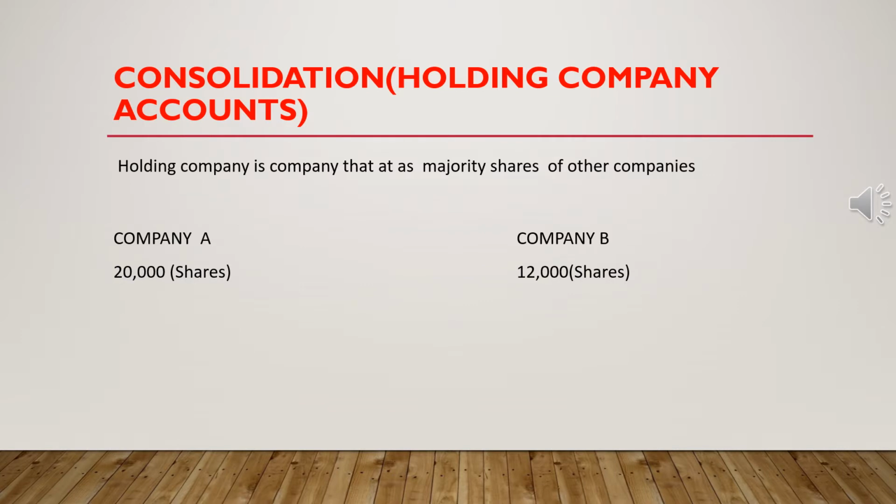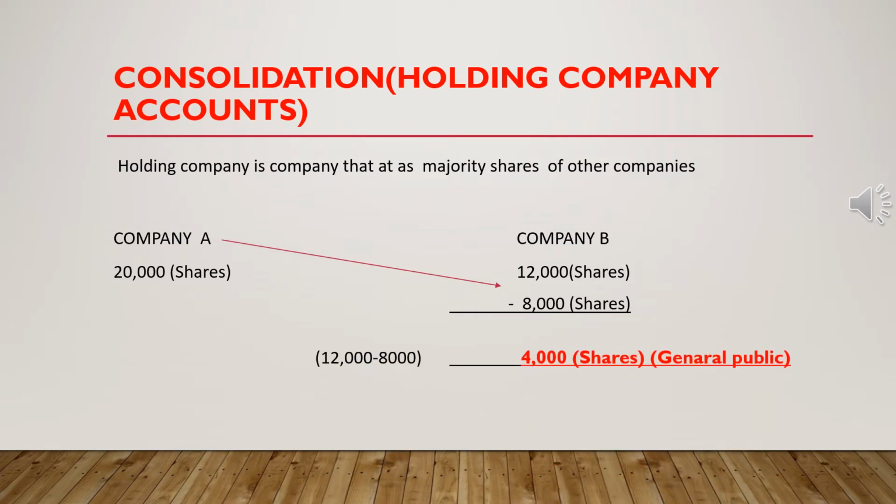If company A acquired 8,000 shares of company B, that is the majority share acquired by company A. The rest of the shares, 4,000, are held by the general public. That is the basic concept about holding companies.